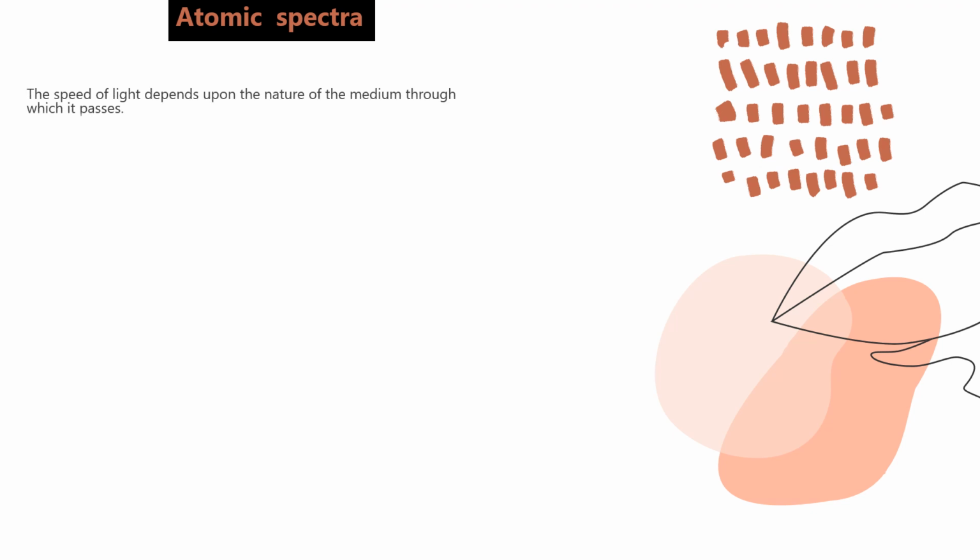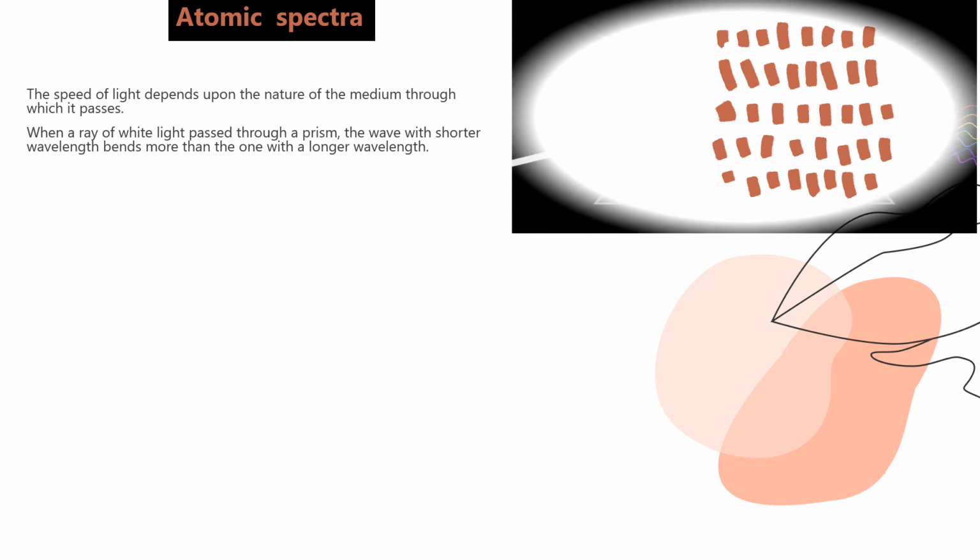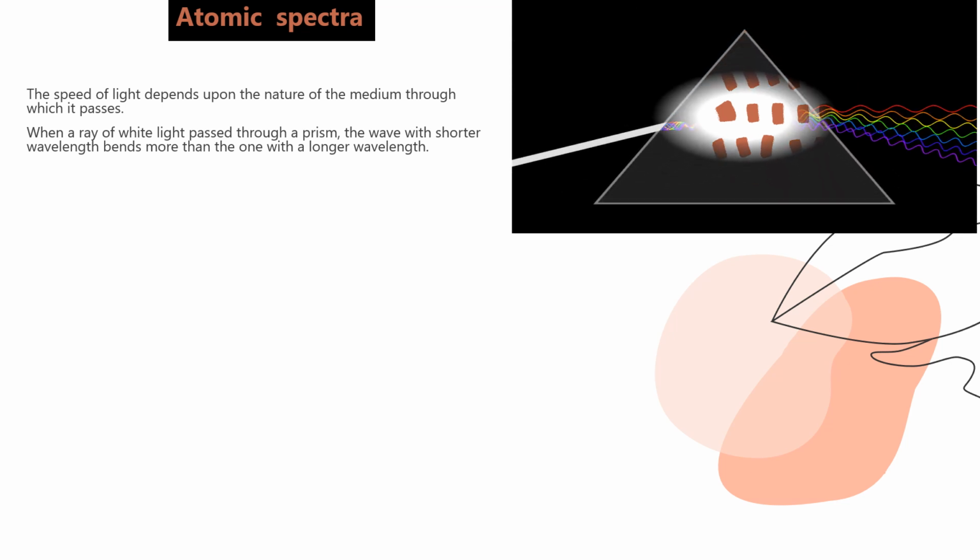The speed of light depends upon the nature of the medium through which it passes. As a result, the beam of light is deviated or refracted from its original path as it passes from one medium to another. It is observed that when a ray of white light is passed through a prism, the wave with a shorter wavelength bends more than the one with a longer wavelength.